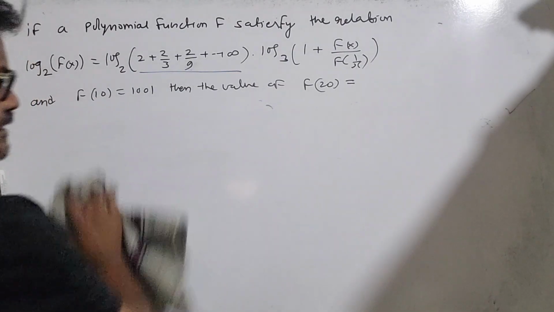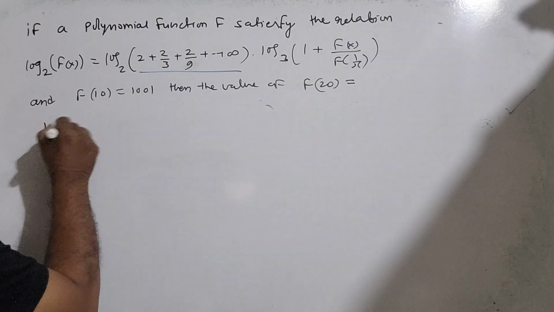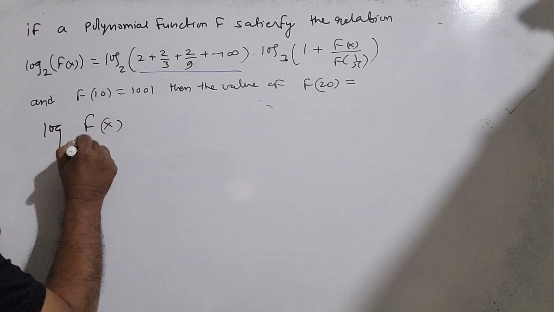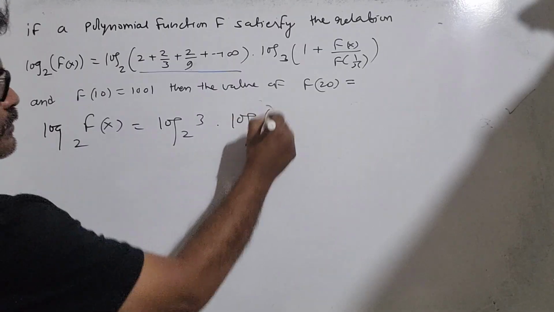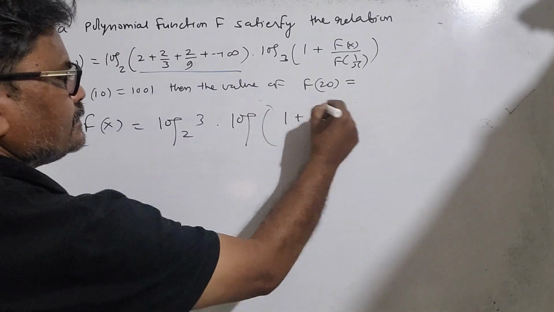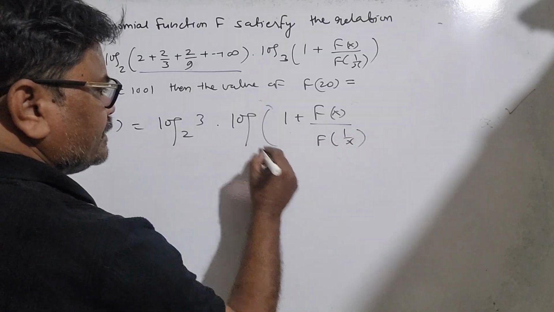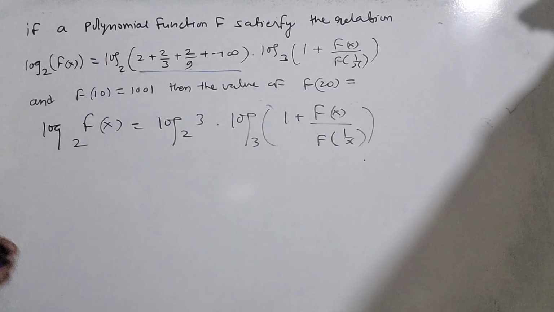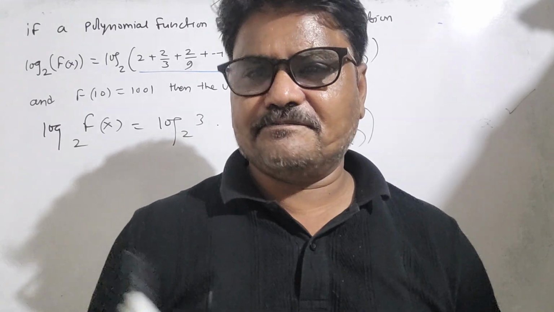So finally we are getting log of f(x) to the base 2 is log of 3 to the base 2, and log of 1 plus f(x) divided by f(1/x) to the base 3. So the first concept we have used is the infinite GP sum.